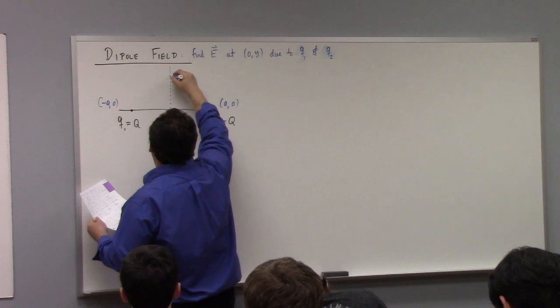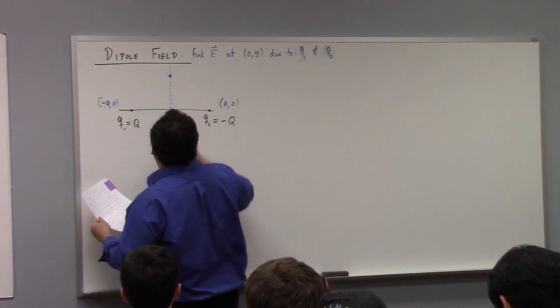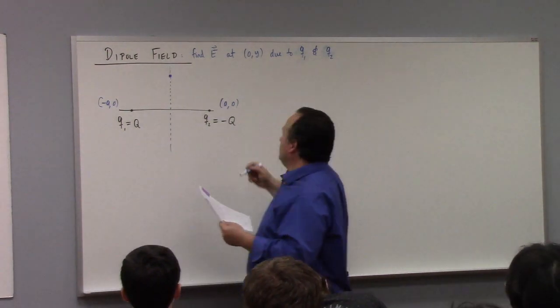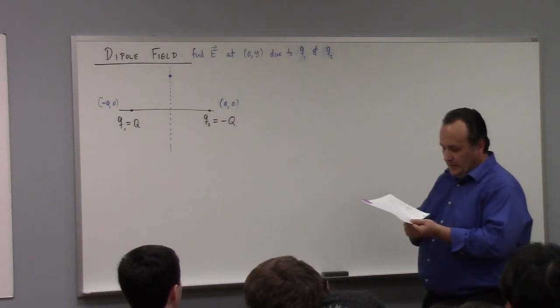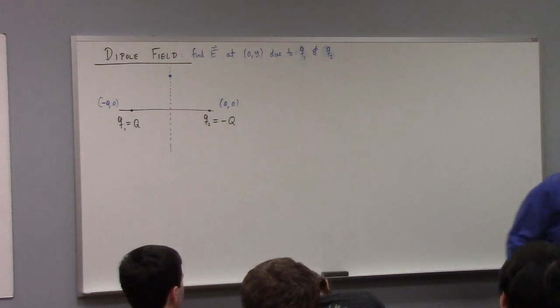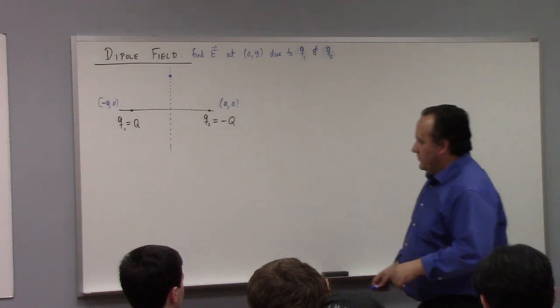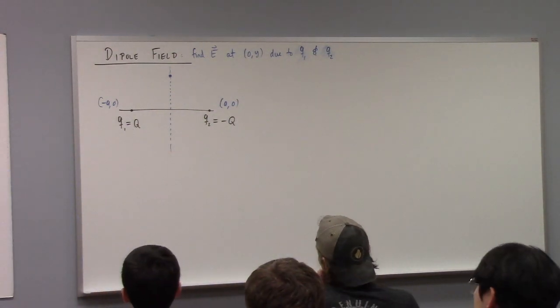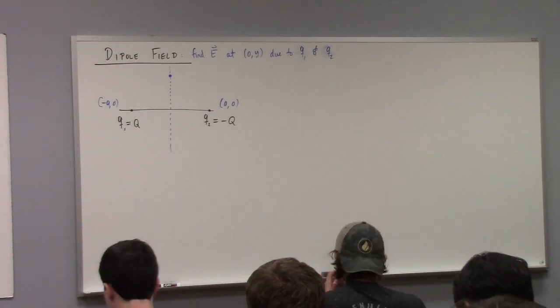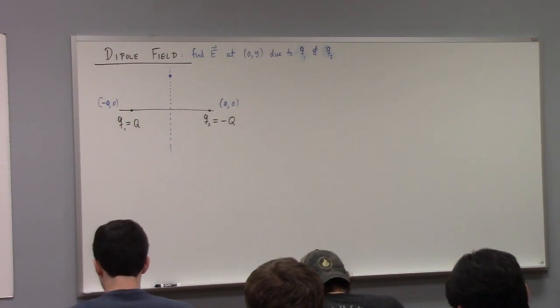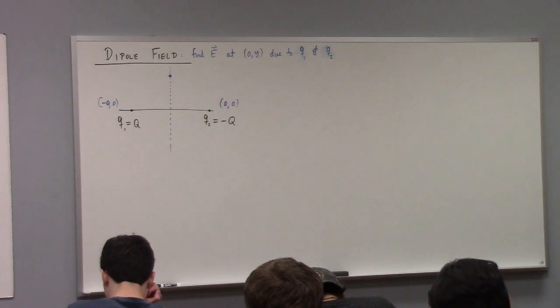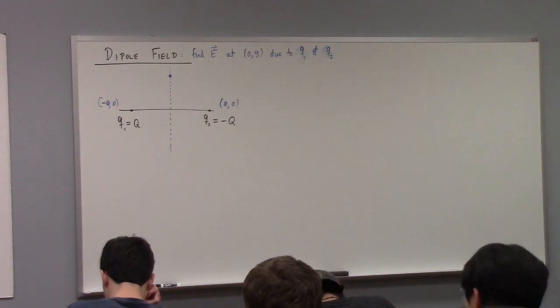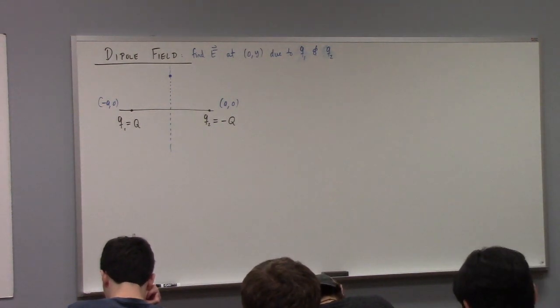So let's suppose this point right here is that 0y point. All right? Now, what do you guys think? What's the electric field going to look like there? Which way does it go?